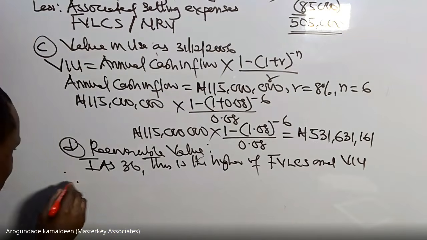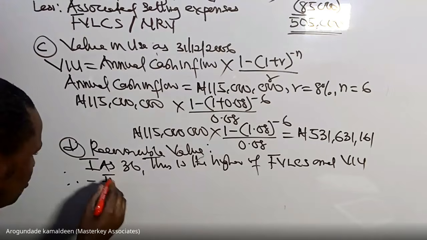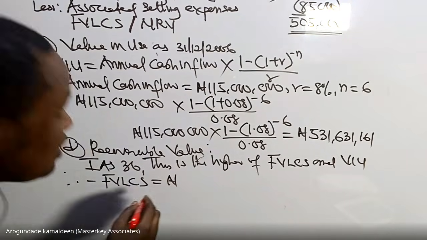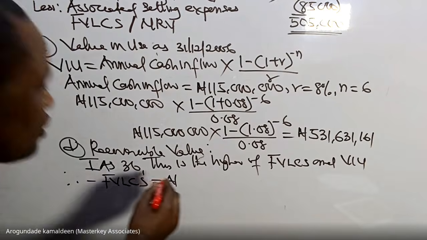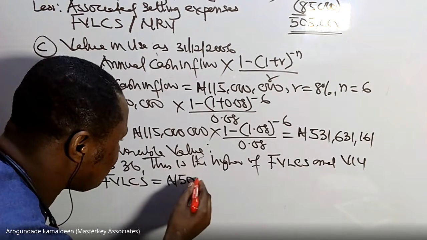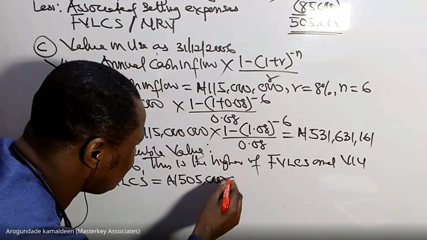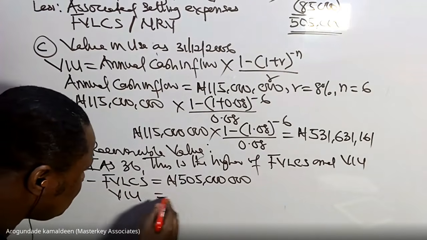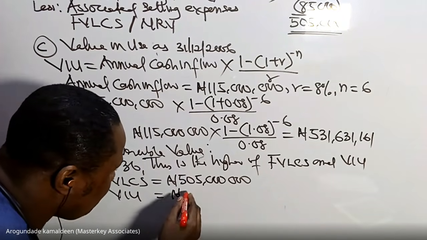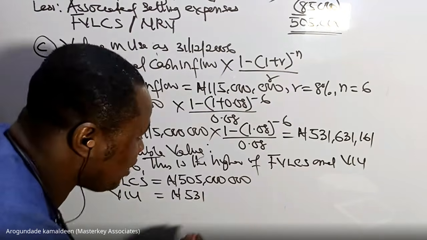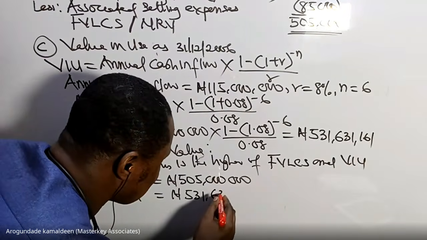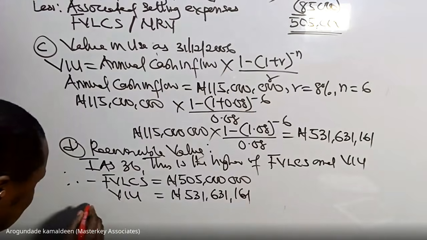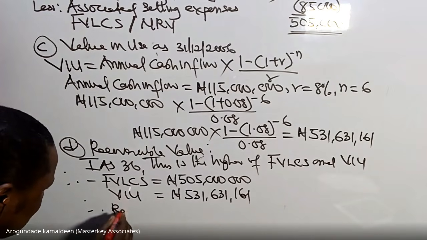Therefore, the fair value less cost to sell here is 5 million. The value in use is 531,631,161.